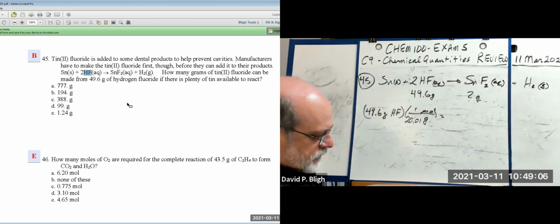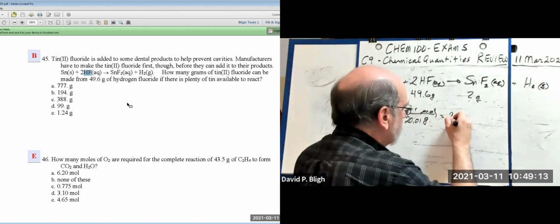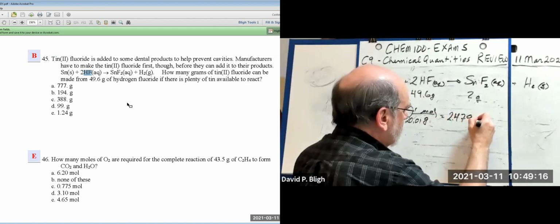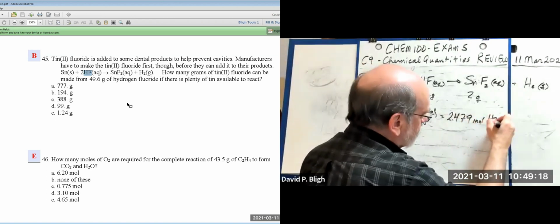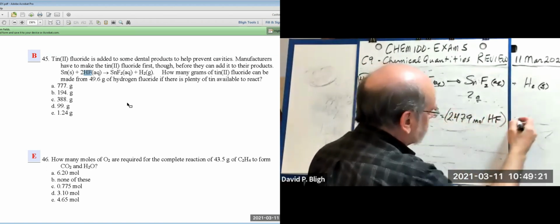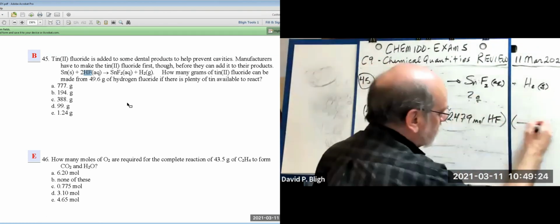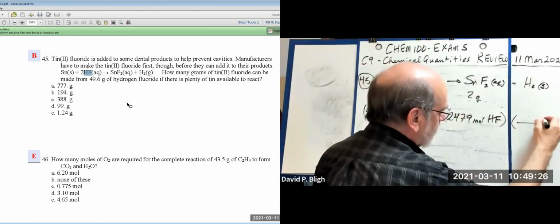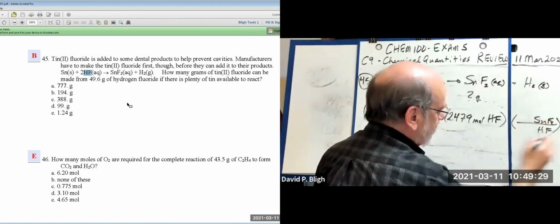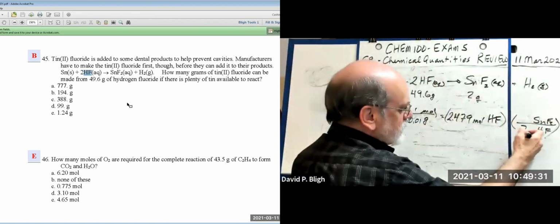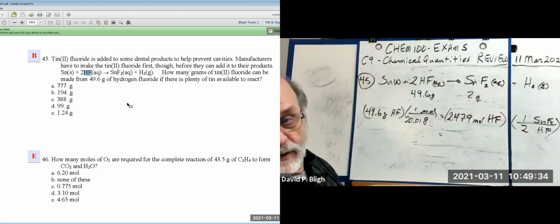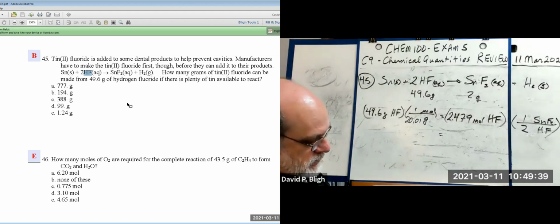And 49.6 divided by it is 2.479 moles of HF. Now we need to convert that to tin(II) fluoride. And we have two of these, one of those. So half of that number is tin(II) fluoride: 1.239.